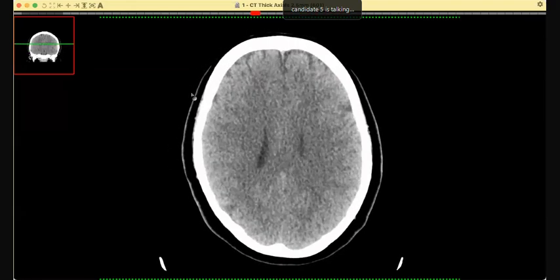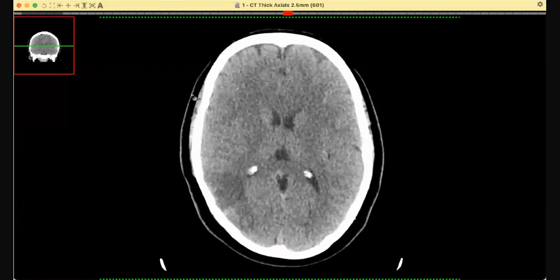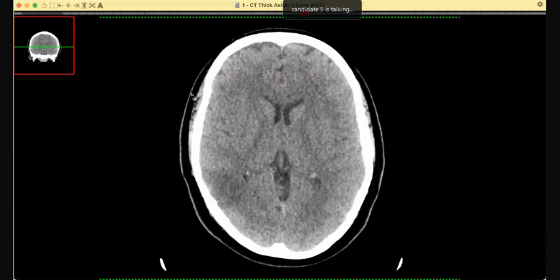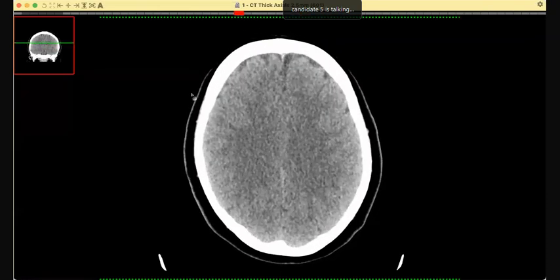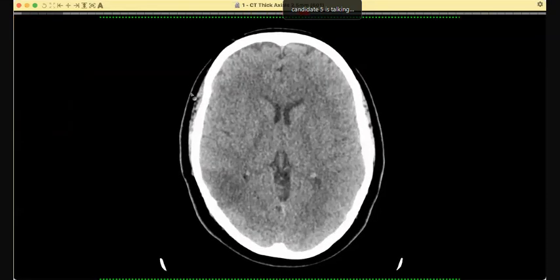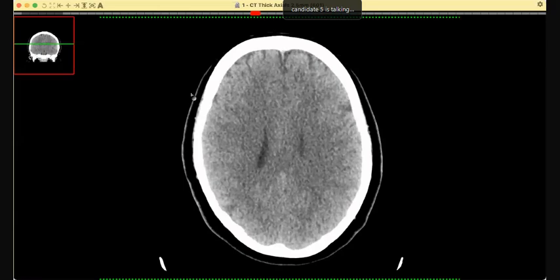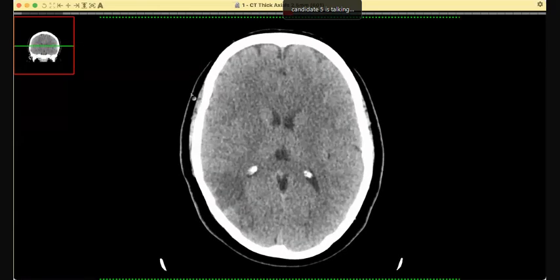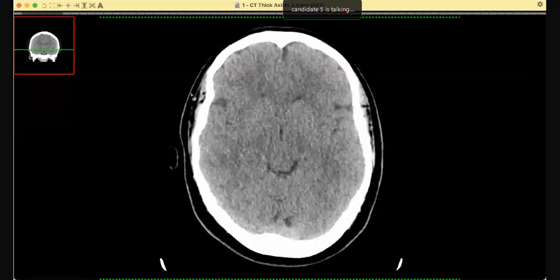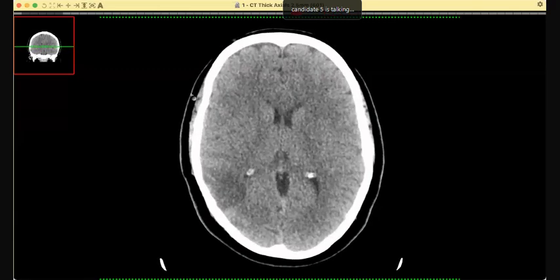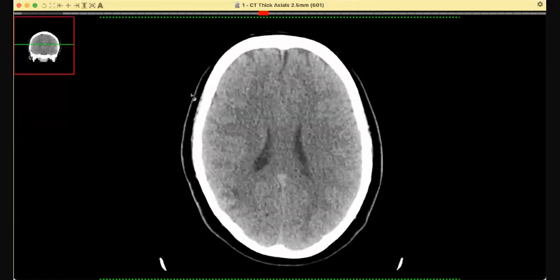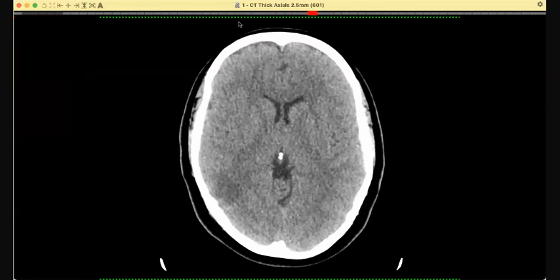There is mild sulcal effacement, which could be due to slight edema. But in the rest of the brain, I can't see anything besides this right temporal lobe hypodensity. I would like to proceed further with contrast enhanced imaging if available.